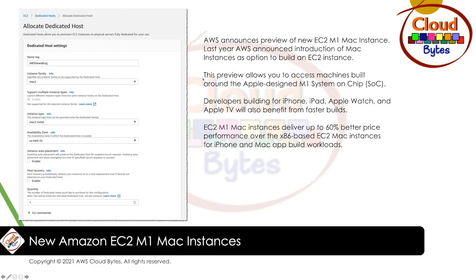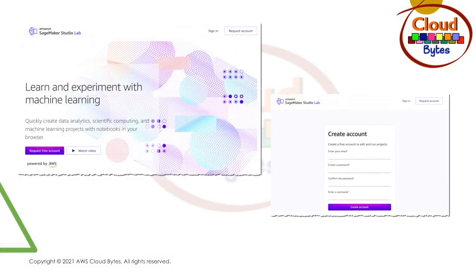This preview will allow you to access machines built around the Apple-designed M1 chip, and developers building for iPhone, iPad, Apple Watch, and Apple TV will also benefit from faster builds. The EC2 M1 Mac instances deliver 60% better price performance over x86-based EC2 Mac instances for iPhone and Mac app build workloads.